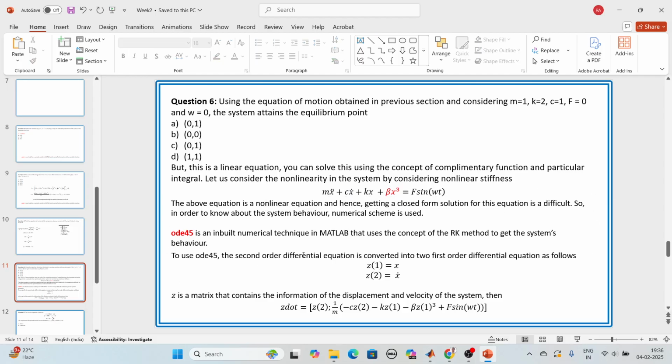How? Here I will consider my variable as z, which will have two columns. One column will be the velocity, the other column will be the displacement. Why velocity and displacement? Because ODE45 is performing integration.